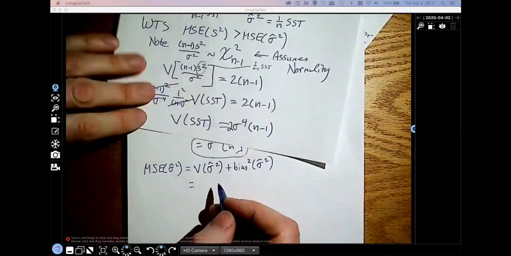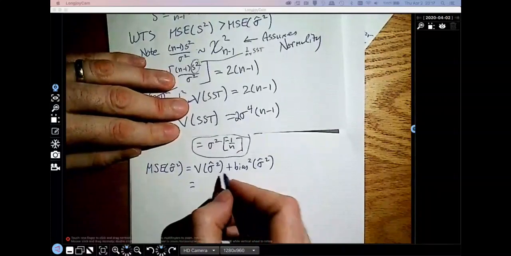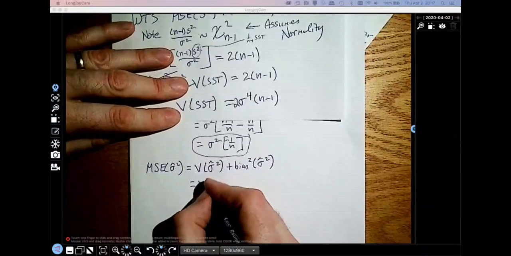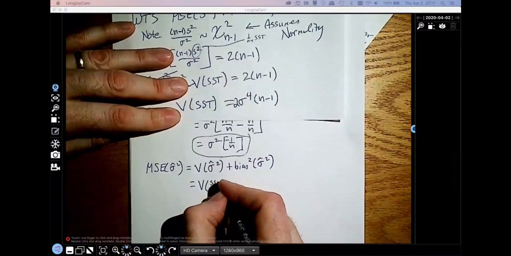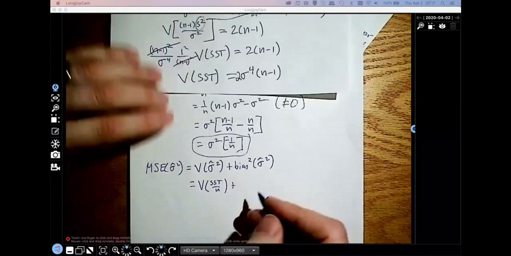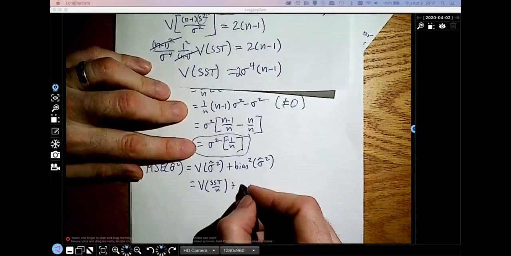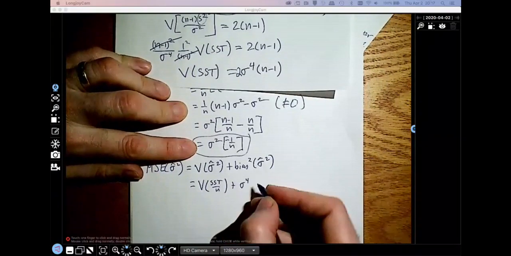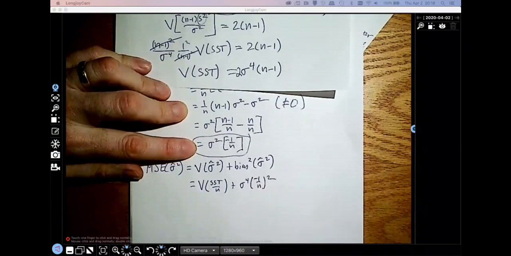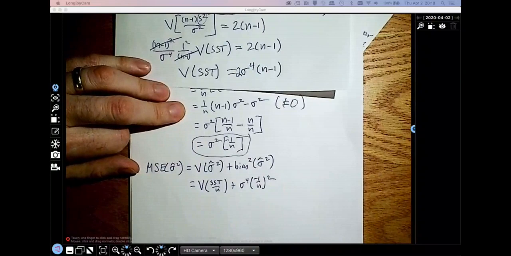Well, we already know that this is SST over n. Maybe I'll write in all the steps here. So this is going to be the variance of SST over n, plus, we just found the bias, sigma to the fourth times negative 1 over n squared. So that's our bias squared.